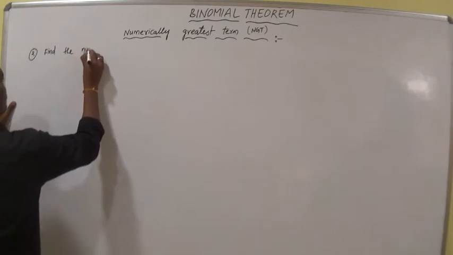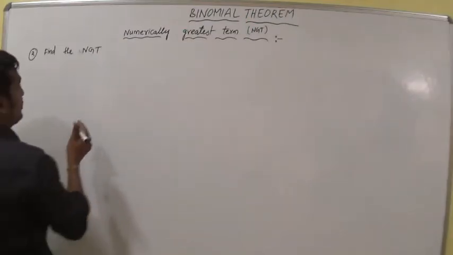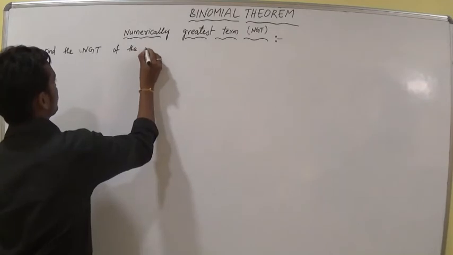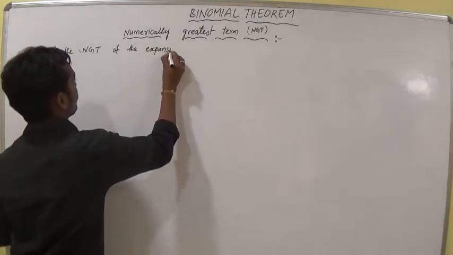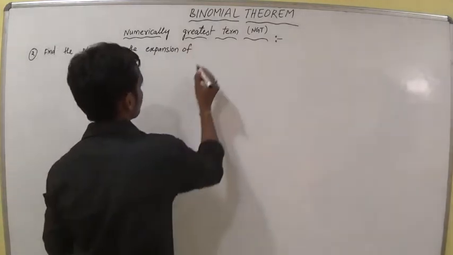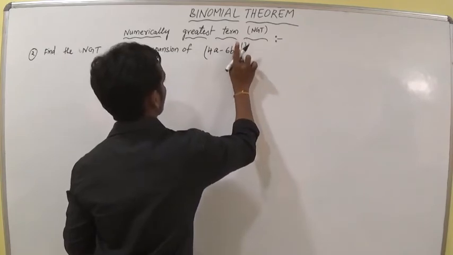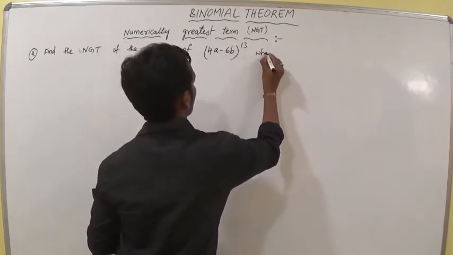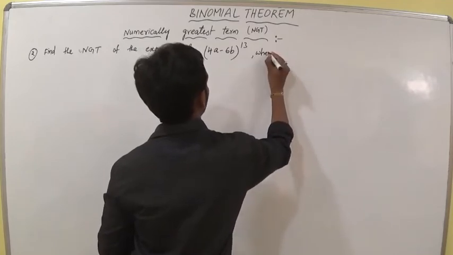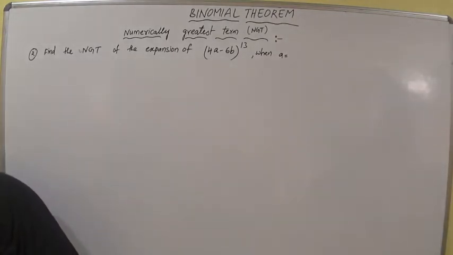Okay, we'll discuss this. Find the numerically greatest term of the expansion of (4a minus 6b) whole power 13, when a is equal to 3 and b is equal to 5.